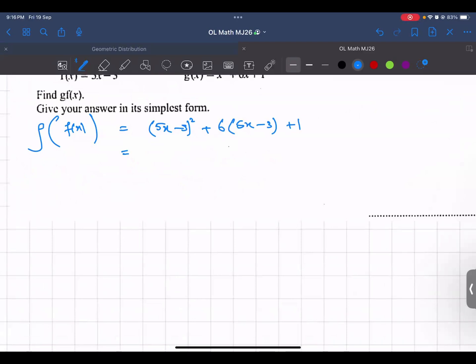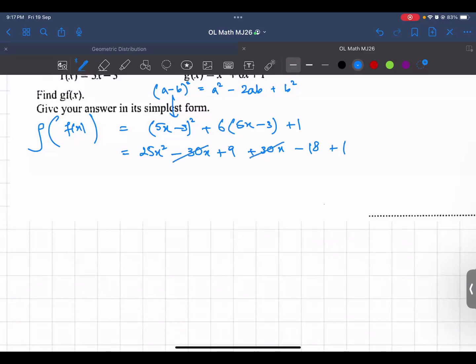So use identities to expand this. A minus b whole square: a square minus 2ab plus b square. Never forget this. Whenever you see a whole square, you use the identity to expand it. So 5x square would be 25x square minus 2 times 5x times 3, 30x, plus 9, plus 30x minus 18 plus 1.